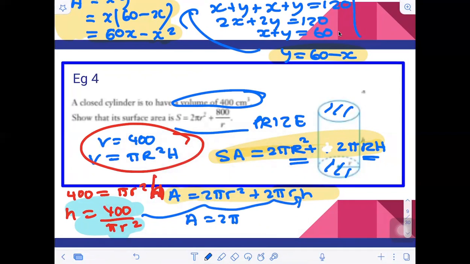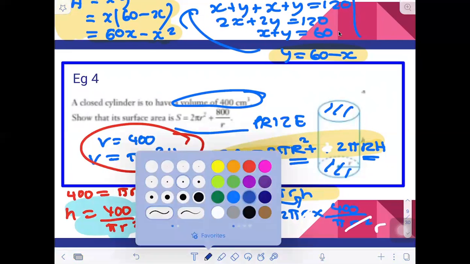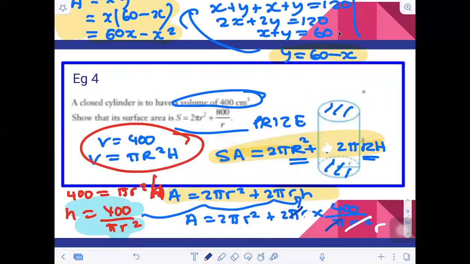So it's 2 pi r squared plus 2 pi r times 400 on pi r squared. You can now cancel. R goes into r once, and that one will cancel. And the pi's will cancel. So the area is 2 pi r squared plus, that 2's on top, 2 times 400 is 800, and it'll be 800 on r as required.